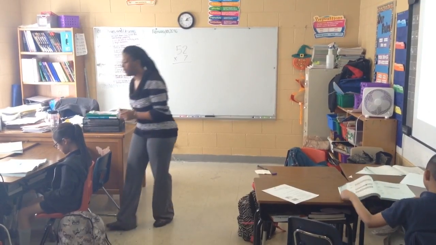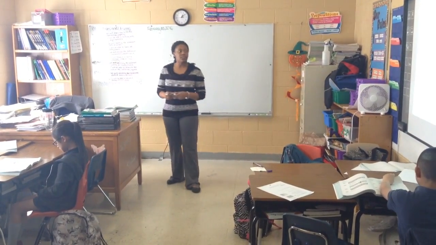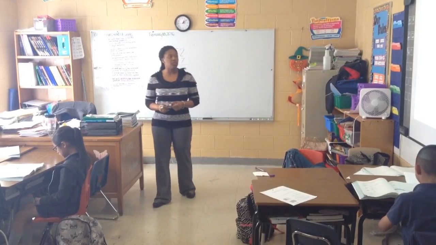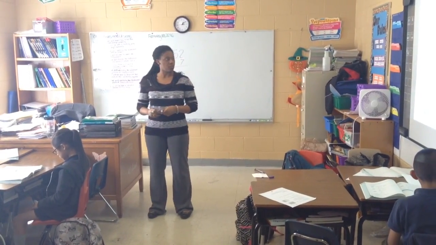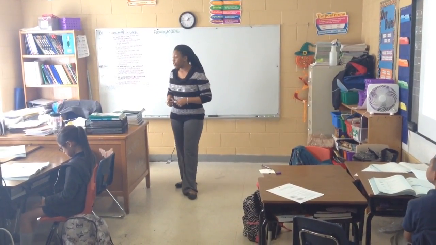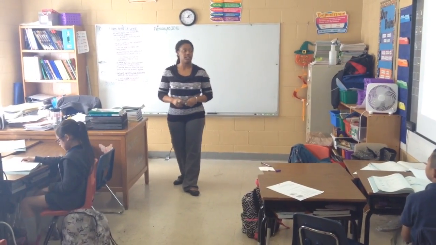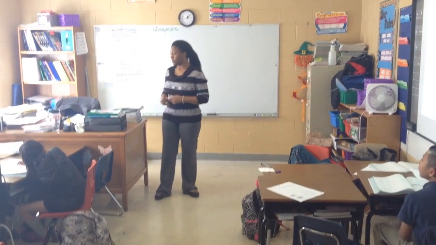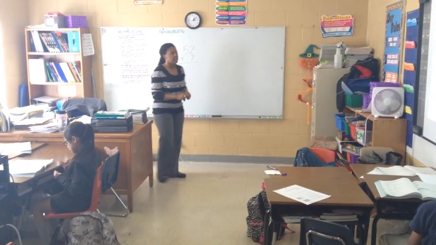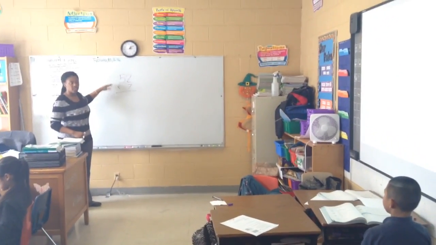Okay. You see example 3, and we are going to work on multiplying 7 by 52. Our strategy is to use partial products. So we're going to write our multiplication problem vertically like this: 52 times 7.